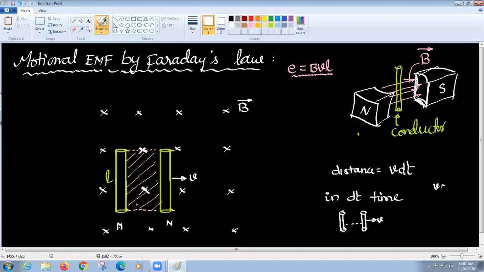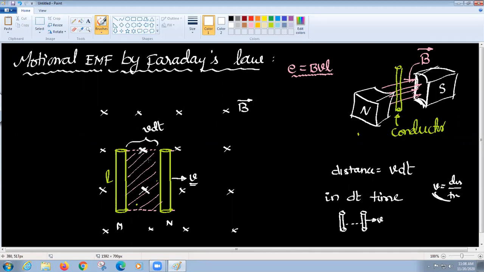It's very simple. We know already velocity is equal to distance by time, so distance is equal to v dt. We are moving this from position m to n. Now, what is the length of the rod here?